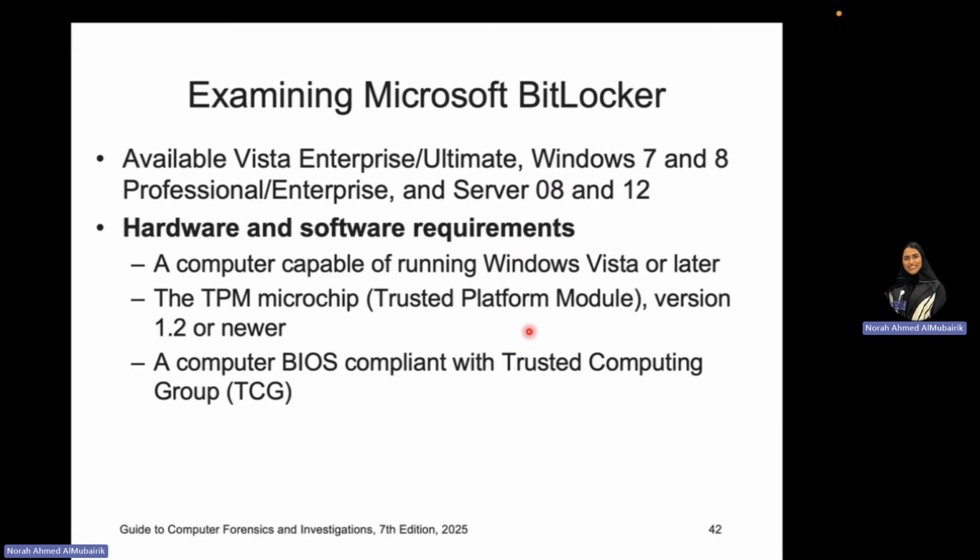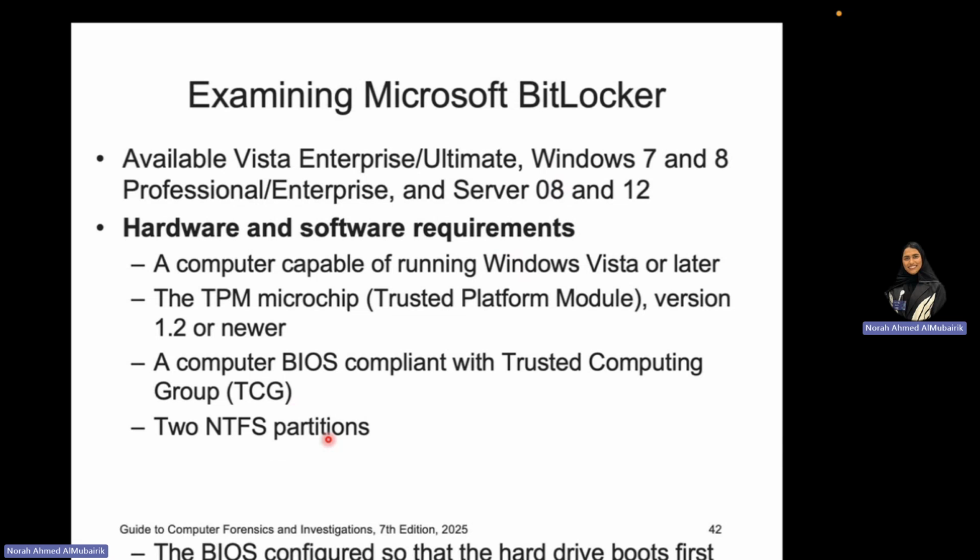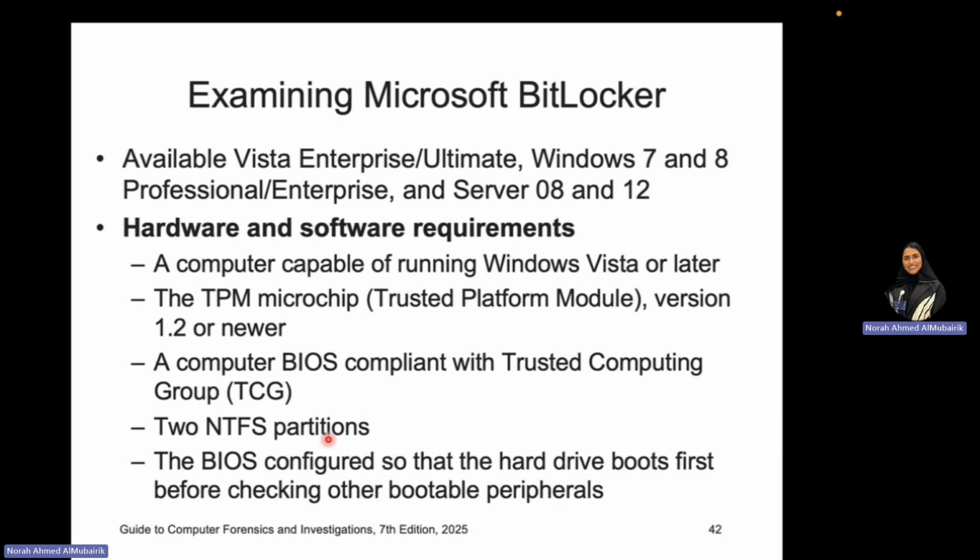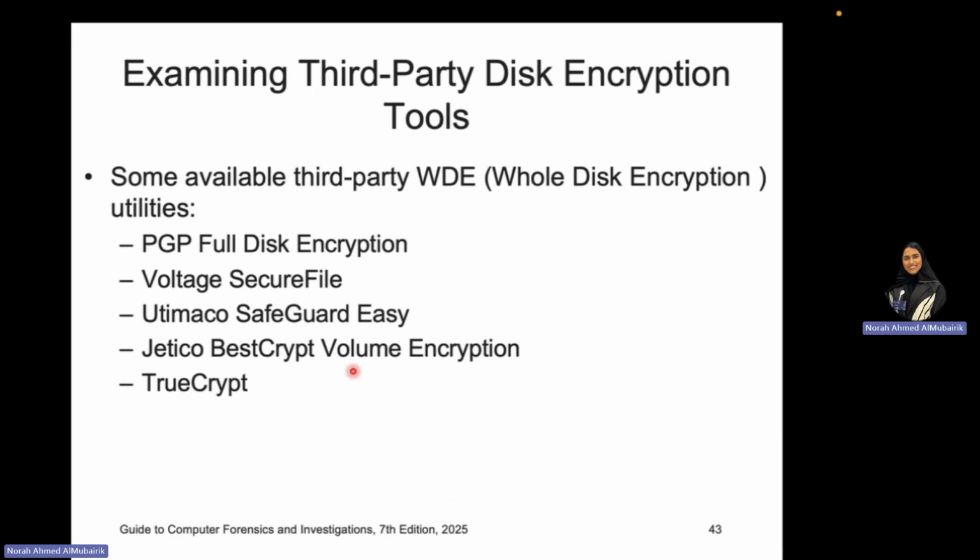We have to have a BIOS as well as two NTFS partitions: one contains the encryption and decryption information, and the other is for the system and the data. All of these are required software and hardware. And if we would like not to use the vendor-specific application, which is BitLocker for Windows, we can use third party tools such as PGP whole disk encryption, Voltage SecureFile, and many other encryption tools.